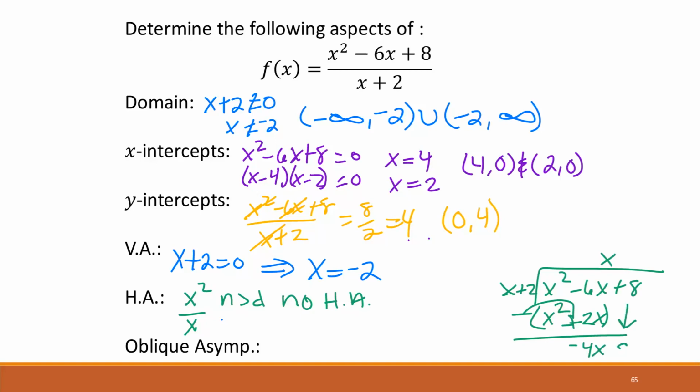Bring down our 8. We would need to multiply by negative 4. From there, it wouldn't matter, because all we care about is the quotient here. So our oblique asymptote is y equals x minus 4.